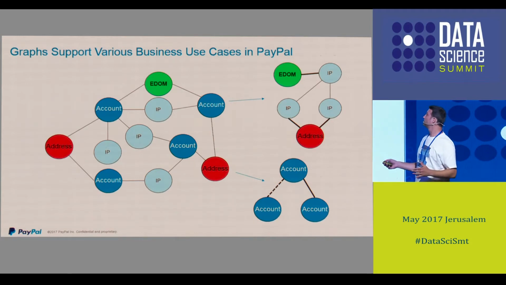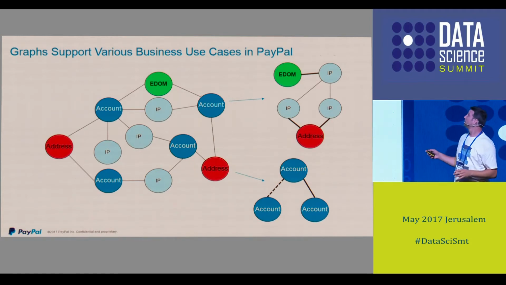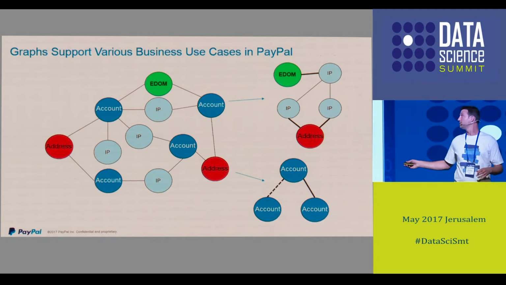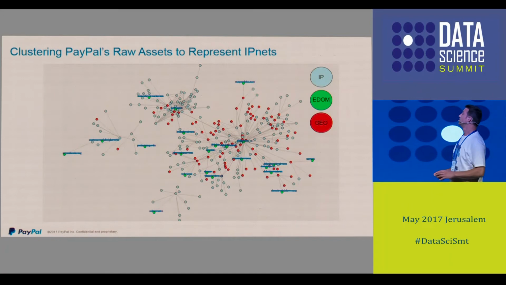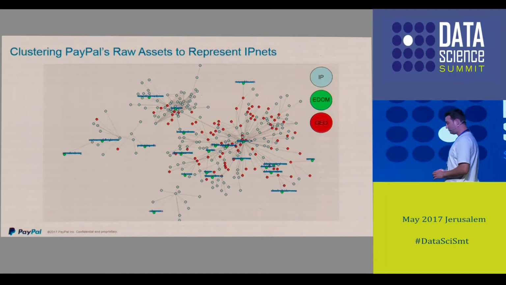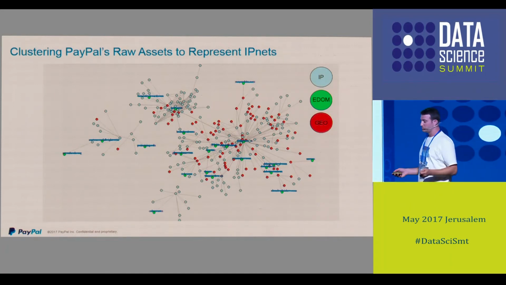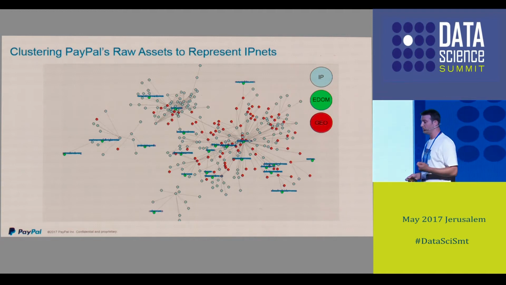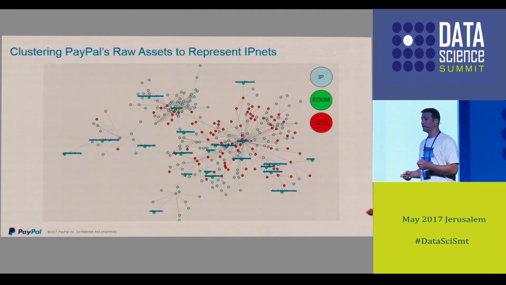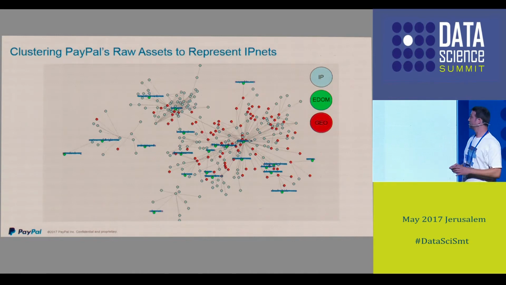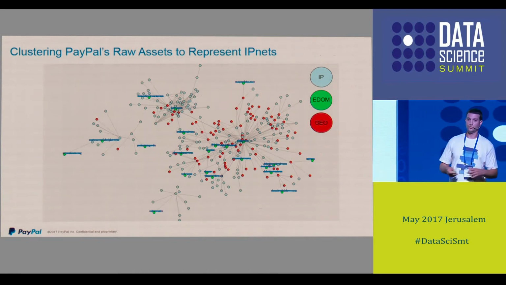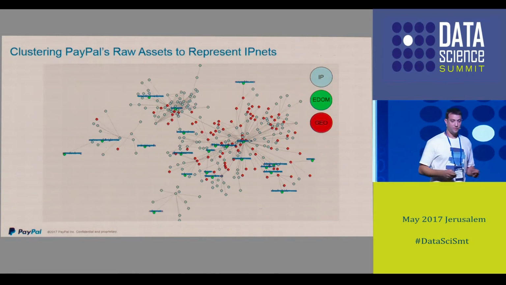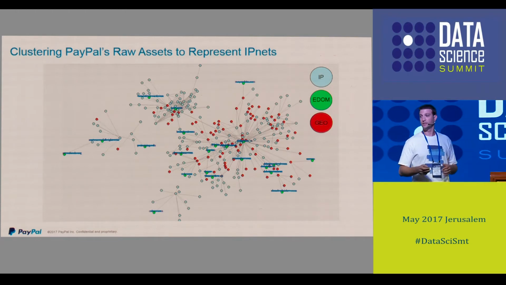So to motivate this talk, I would like to tell you about one such application, which we call IP nets. In this solution, our goal is to connect together medium-sized and relatively static groups of IPs. And why would we want to do that? So first, we want to boost the signal.